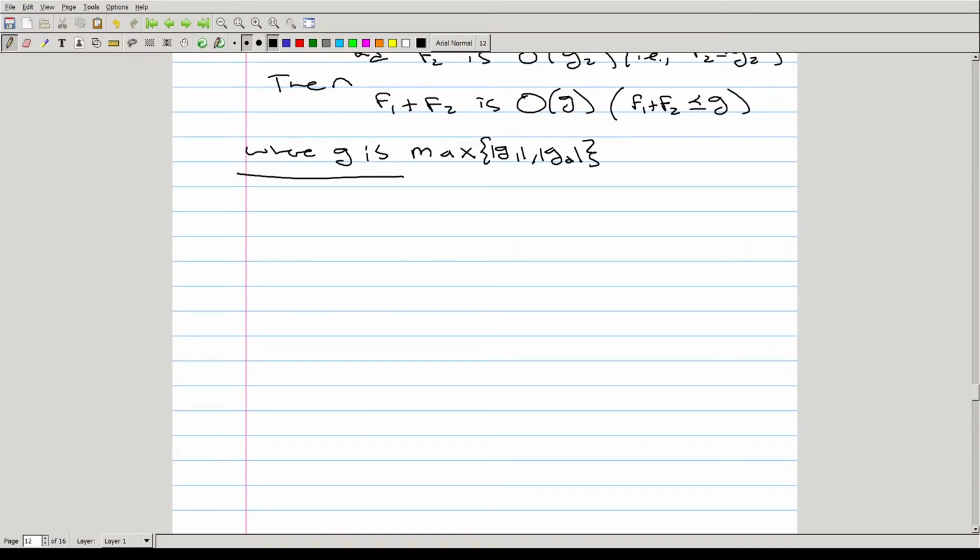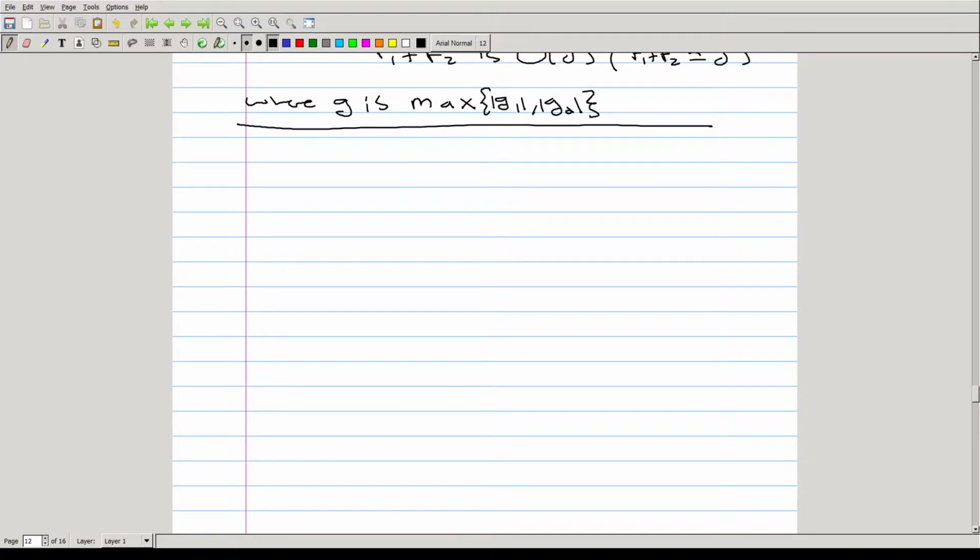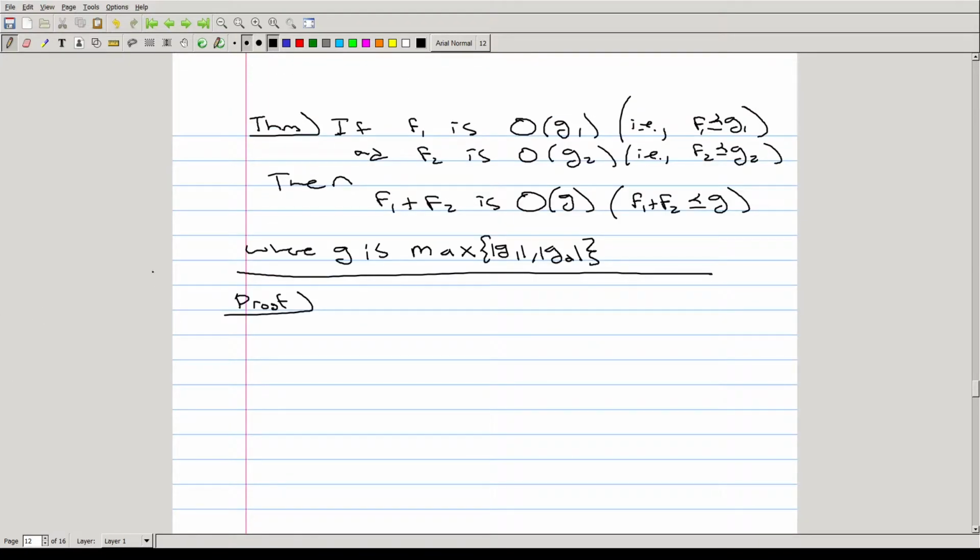And the proof of this theorem is really rather straightforward. The main idea here is that we need to show that there exists a constant C and a constant K such that f1 plus f2 in absolute value is going to be less than or equal to this function g that we've defined right here.